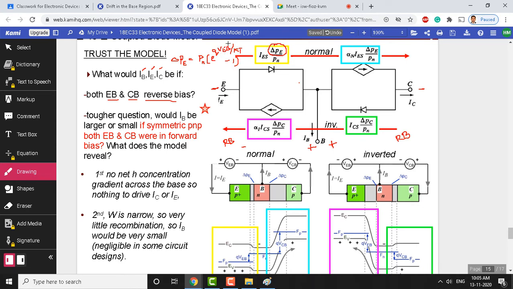Since VB is negative, reverse bias, this becomes negative, and look at this exponential term here. When this becomes negative, this becomes very small and can be neglected. So delta P becomes less than 0, a negative value, therefore this component can be eliminated.